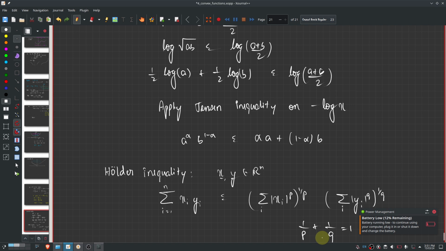Again, I won't particularly prove this, but it's not very difficult to show this, just using Jensen's inequality and maybe this particular version.